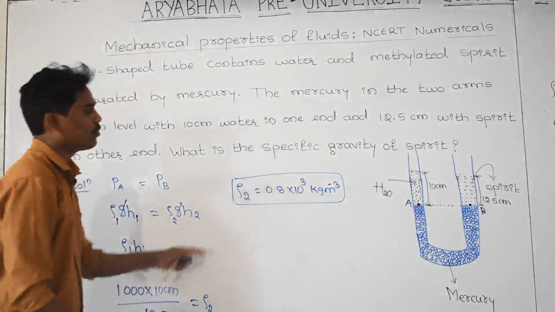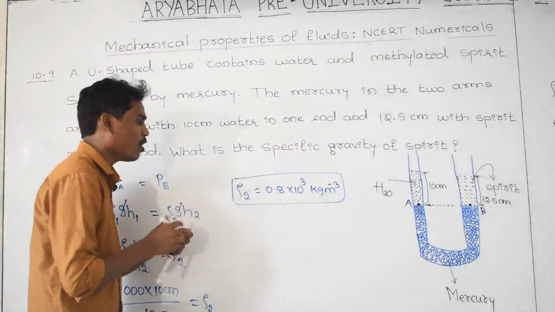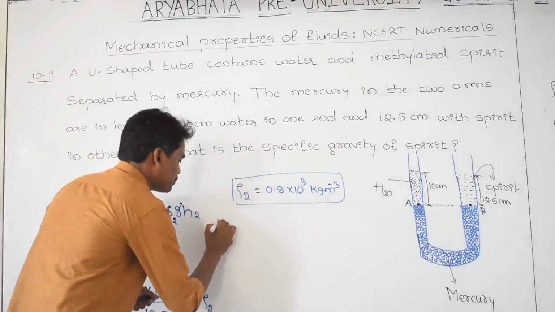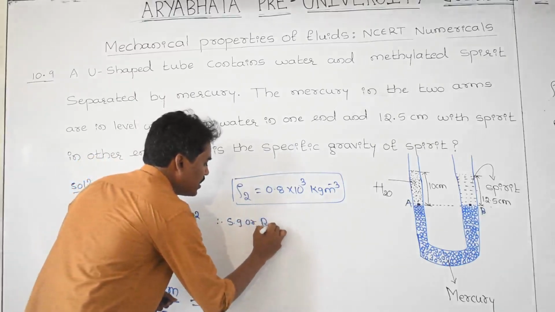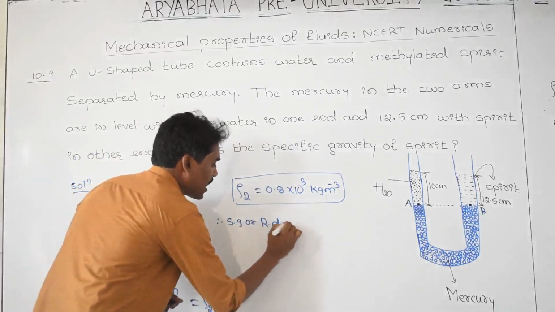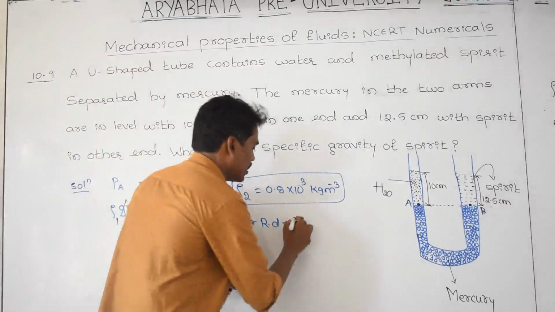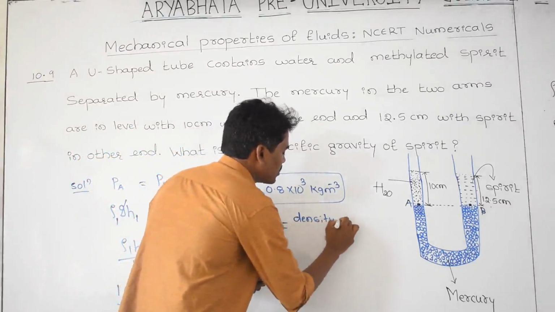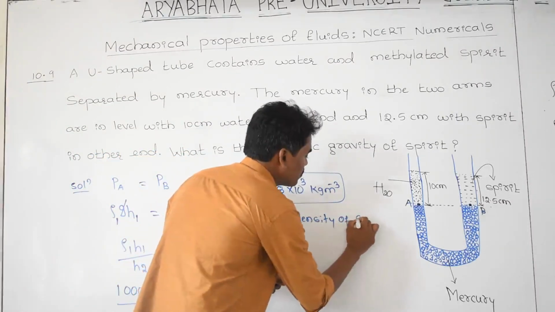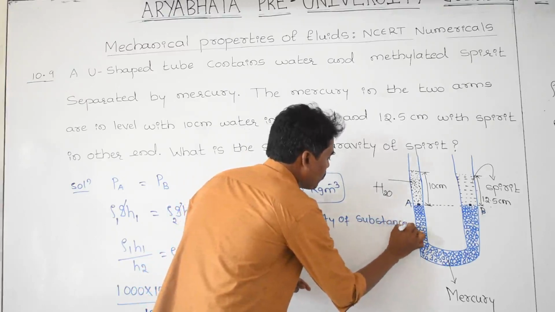And what do you need to find out? The specific gravity of the spirit. Specific gravity or relative density, both are the same. There is a theoretical formula to find this: the density of any substance divided by the density of water at 4 degrees Celsius.